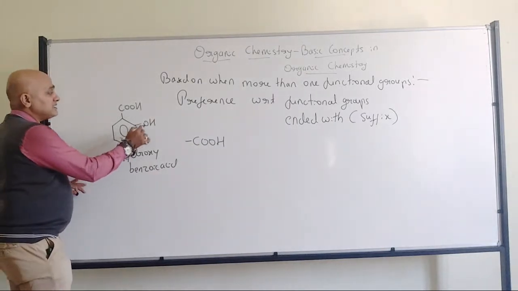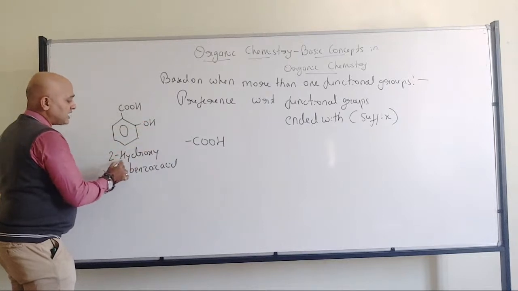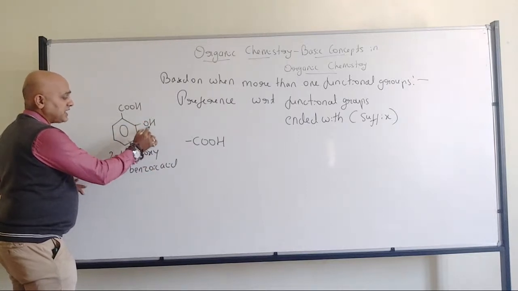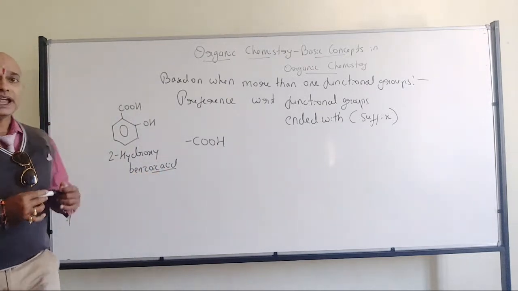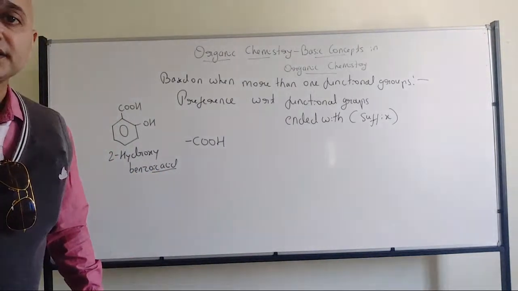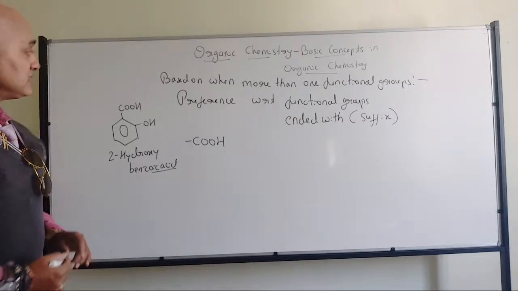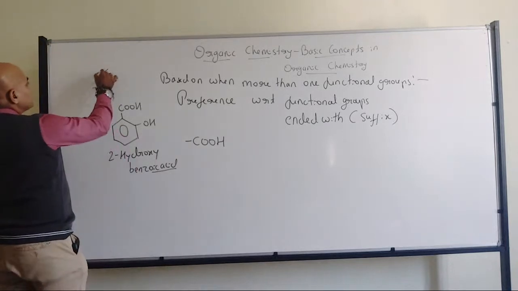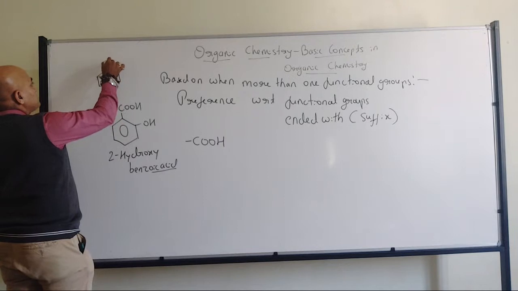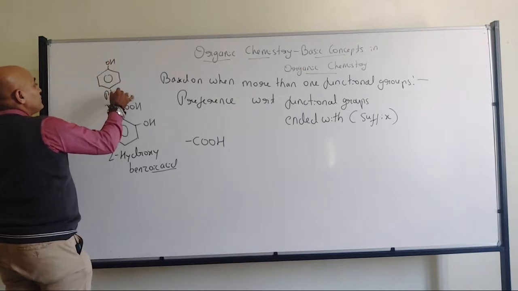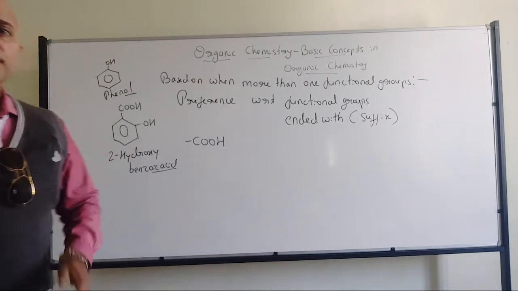So that means now the OH will not be considered as a functional group. This is called 2-hydroxy. And the carboxylic acid will be considered as the functional group. Therefore, the name of the molecule will end with oic acid: 2-hydroxybenzoic acid. Now, if I have only the OH group, no carboxylic acid, it is called phenol, OL, that means alcohol, phenol.